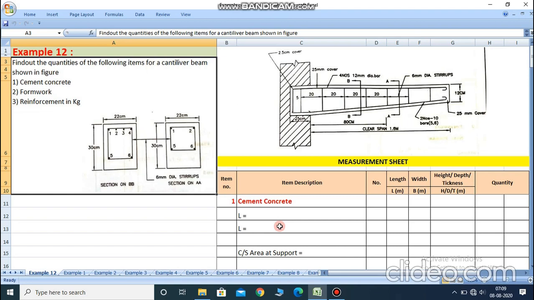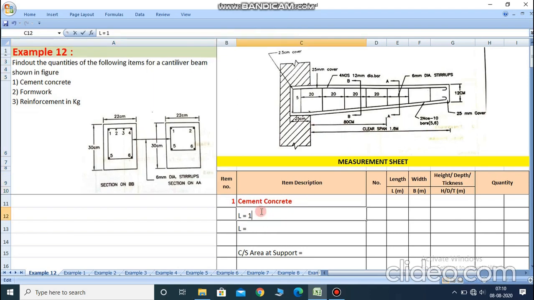Now let's start by finding the length of the cement concrete. Here the clear span of 1.6 meter is given in the cross section. So the total length is equal to 1.6 plus, for the supporting side, 25 centimeter extra length fixed in the wall. 25 converted to meter is 0.25, the total length covered by the wall.